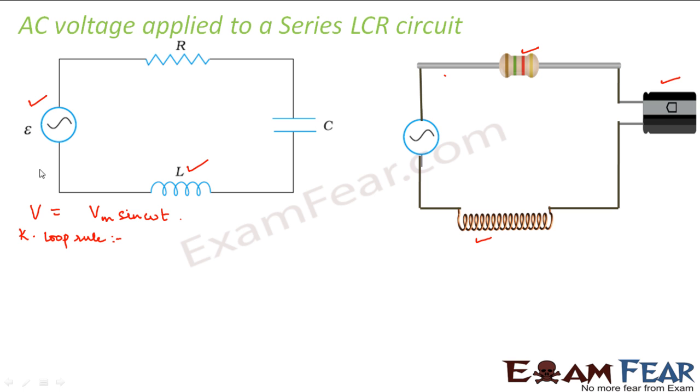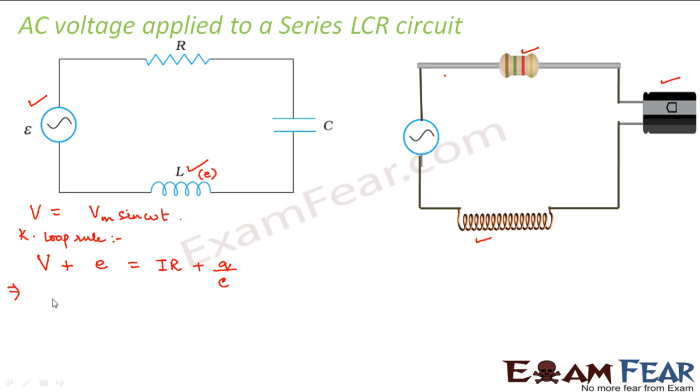So the net EMF of the circuit would be the source voltage plus the self-induced EMF, which I represent as E. This should be equal to the sum of the products of the current and the respective resistances. The voltage drop across the resistor would be IR, and the voltage across the capacitor would be Q by C.